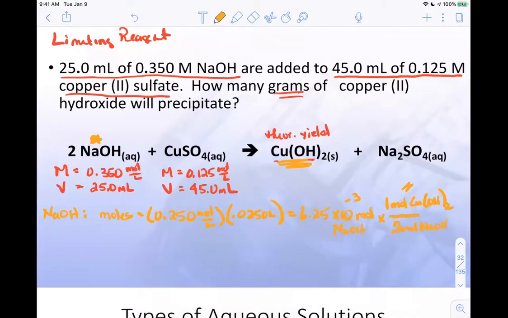And this route, if I use all of the sodium hydroxide, will give me 3.13 times 10 to the minus 3 moles of Cu(OH)2. So if all of that sodium hydroxide is consumed, this is the amount in moles of copper hydroxide that I would get.